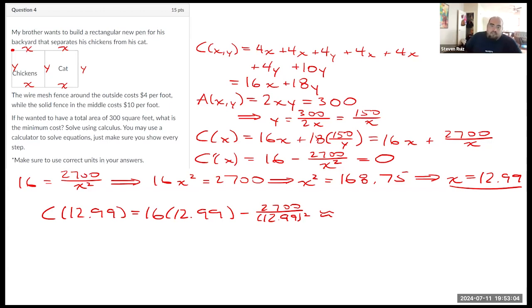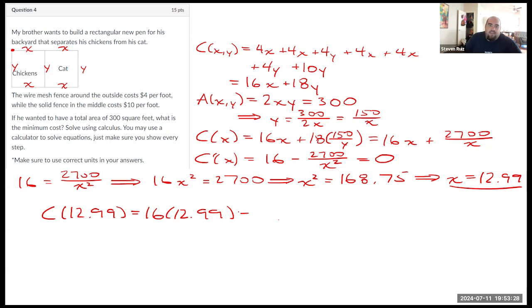Oh, I did something wrong. Okay, let me make sure this error didn't hurt me in more places than this. So this should be 16. But no, that's correct. Oh, don't plug things into the derivative. Come on, man. All right, let's back up. I mixed the derivative up with the objective function. So I want to evaluate the objective function at this x value.